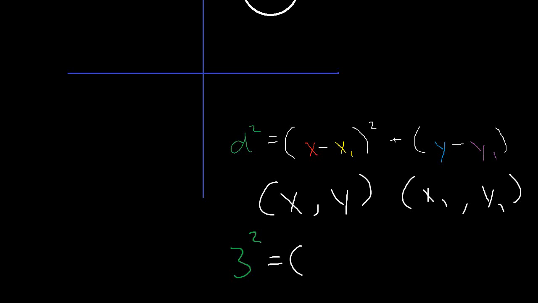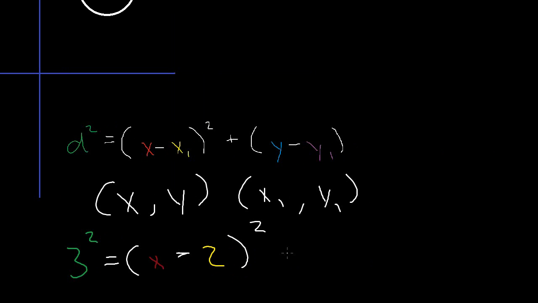Equal to x minus, and let's define x sub 1 as 2. And then let's do the other side of the equation. Plus y minus, and let's also set y sub 1 as 2.